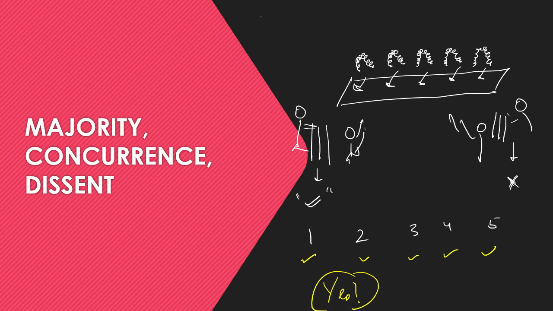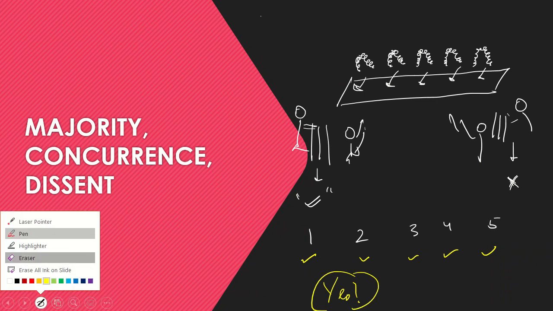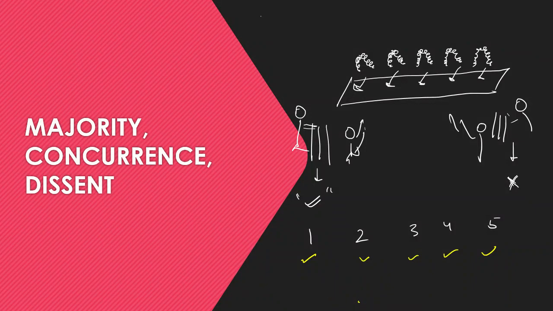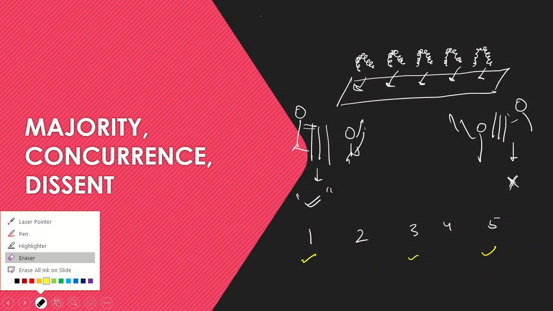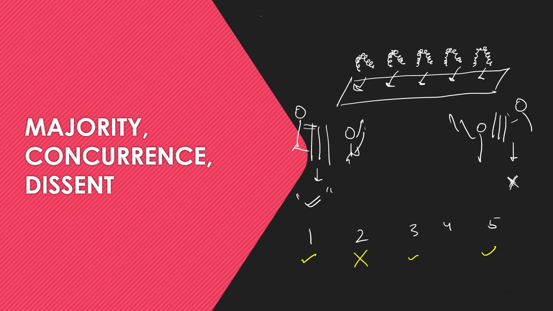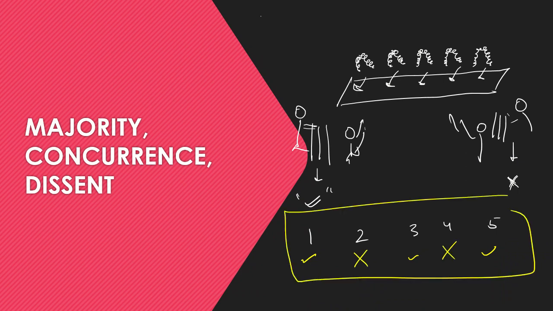But you know what can happen at times? Sometimes judge number one may think yes, judge number three may think yes, judge number five may think yes, but judge number two thinks no, judge number four thinks no. What happens now? In such a case, we do a counting. We go with the majority judgment.